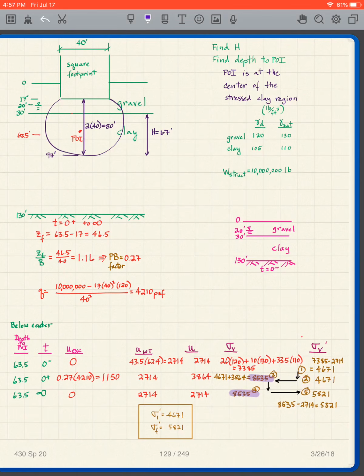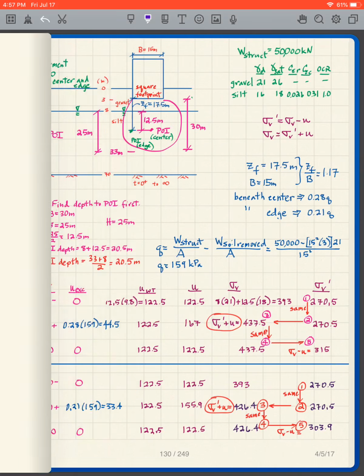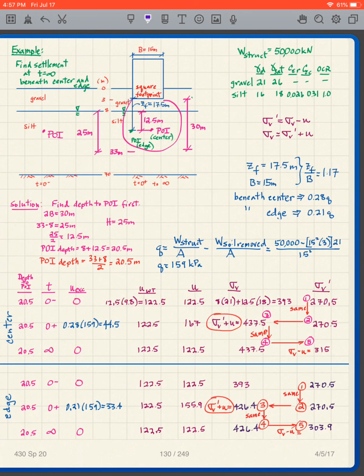And then once I've determined that, I now have what? My sigma prime I, my sigma prime f, there they are. And then if I want to calculate the settlement, I need sigma prime p, and I need the soil properties, which I haven't shown for this problem yet. Okay, I will stop there.